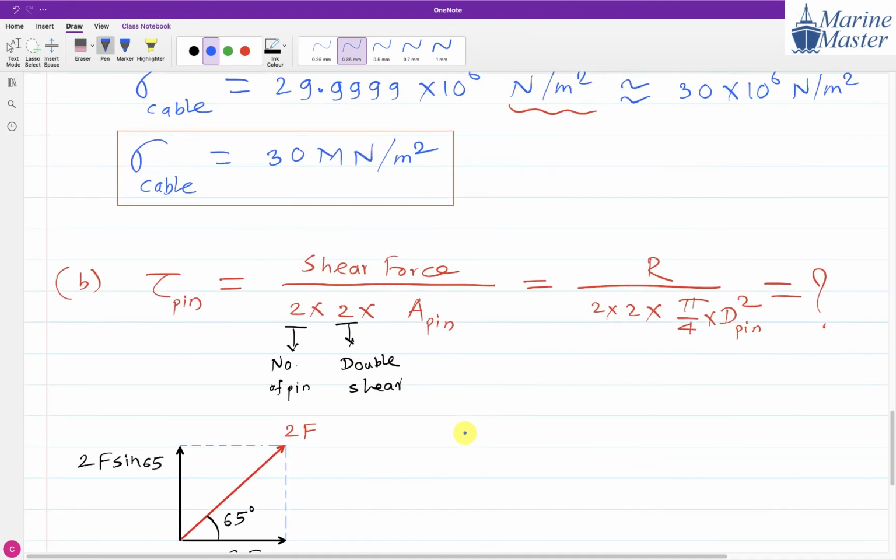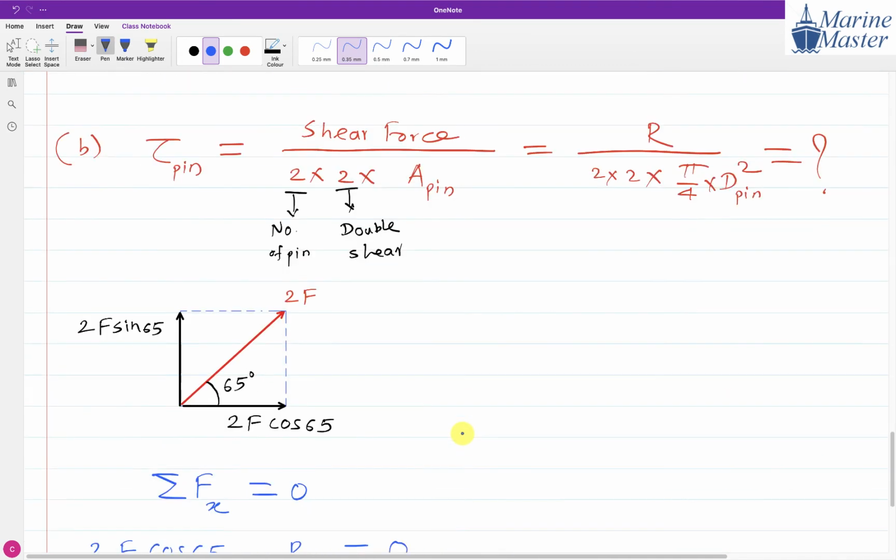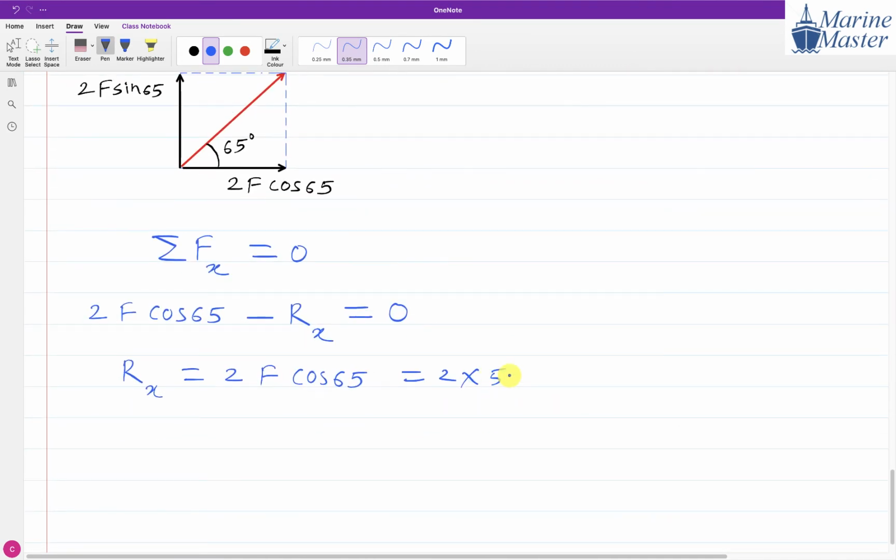So 2 times F is how much, sir? F is 5301.2957. 5301.2957 into cos 65. So then we will get Rx. So please do the calculation for Rx.